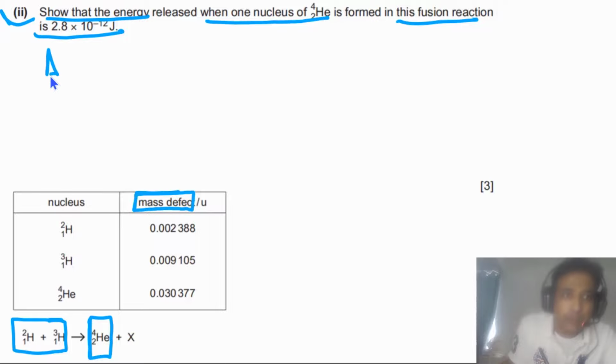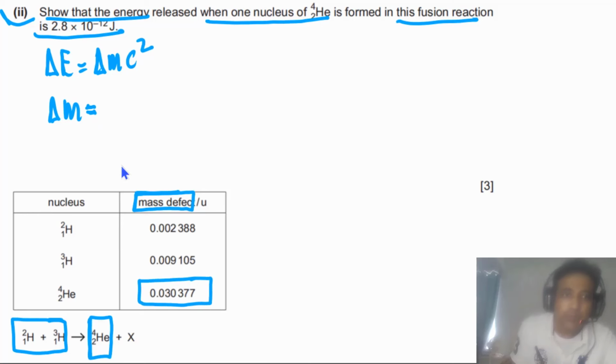We need to calculate the energy release. So delta E is equal to delta M times C square. So we can calculate delta M first of all. Let me calculate delta M. Delta M, the mass defect, will be equal to the mass defect for the helium nucleus, which is 0.030377, minus the mass defect for the hydrogen isotopes.